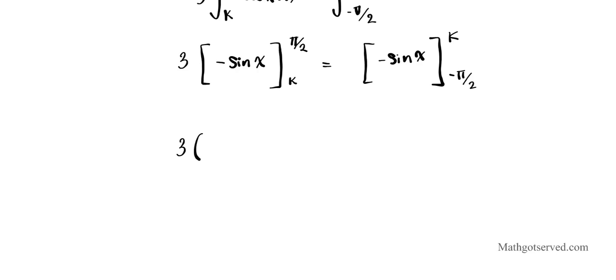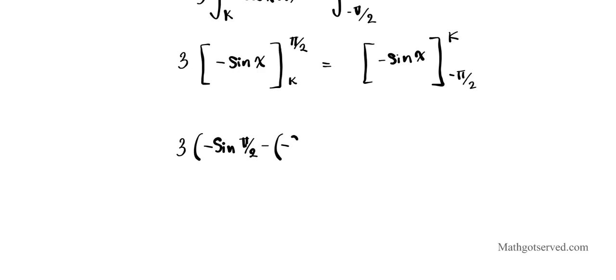Using FTC part 2, this is basically 3 times sine pi over 2, minus sine k. I should have factored out the minus, that would have made my life much easier.